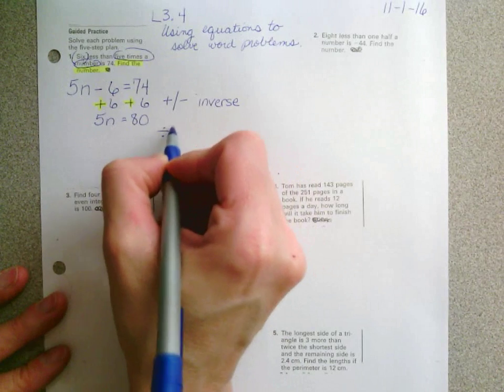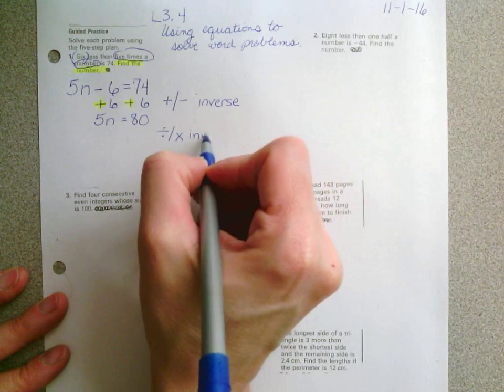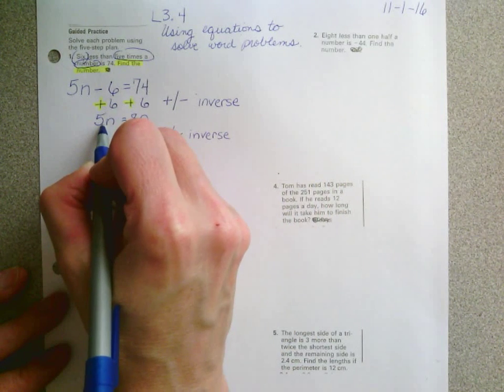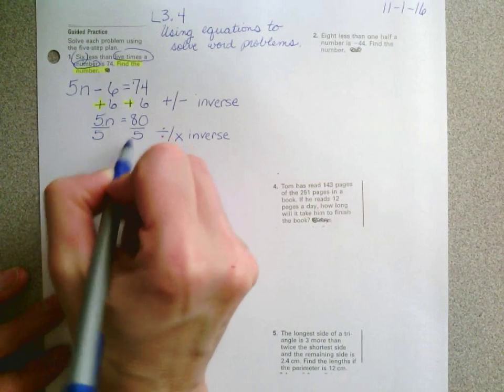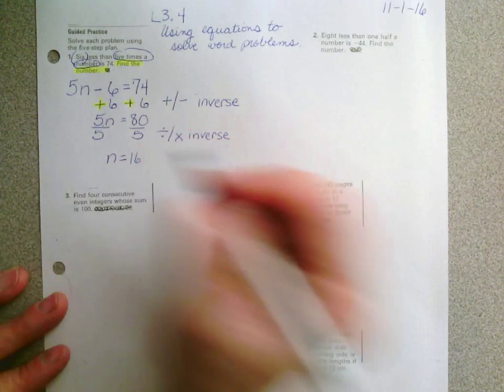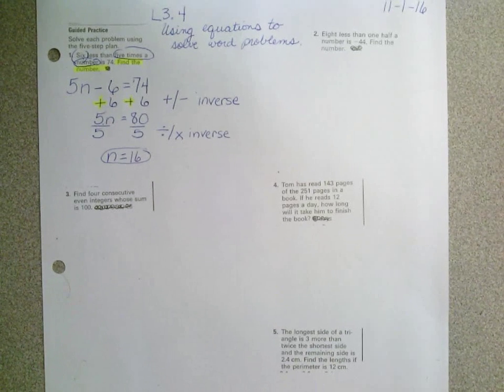Next, you're going to do the inverse of whatever is shown here, multiplication or division. Since this means multiplication, we're going to do division. The number that answers this question is 16.